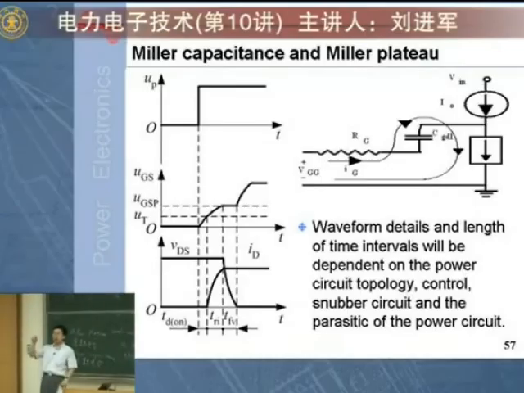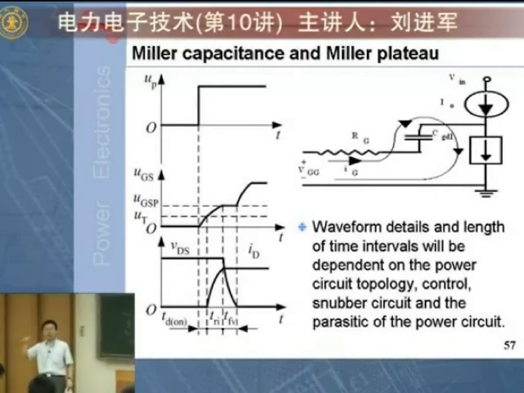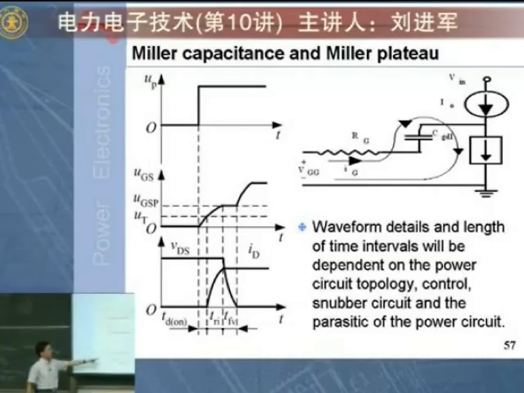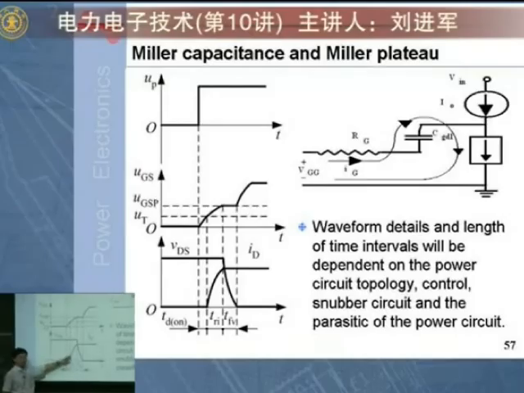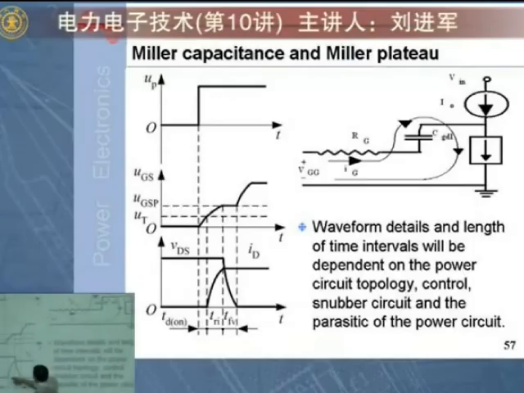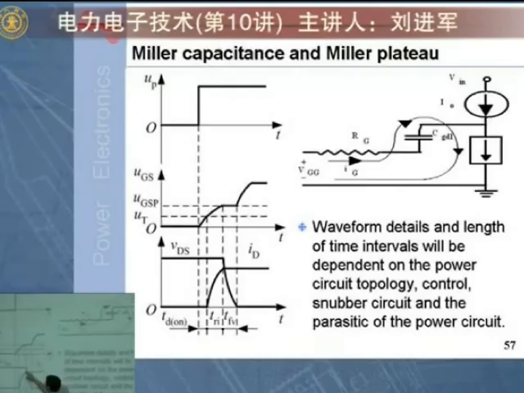Only when the gate voltage is higher than a certain level will that channel be established. Then you start to have current, because the channel has been established. The current will start to increase.